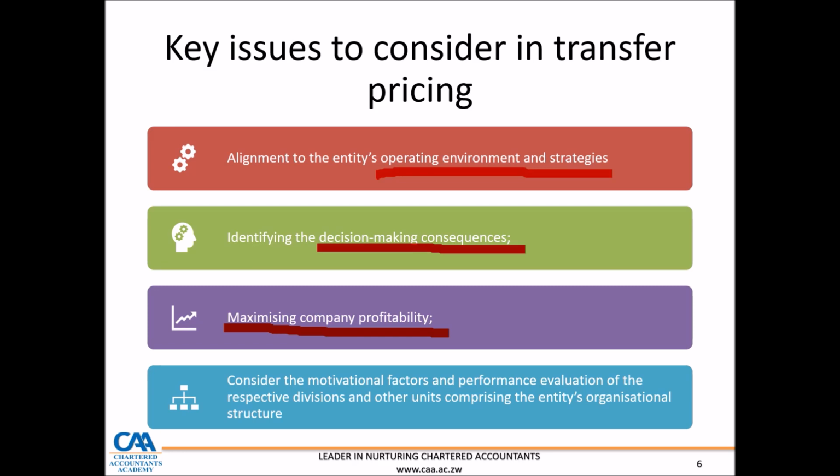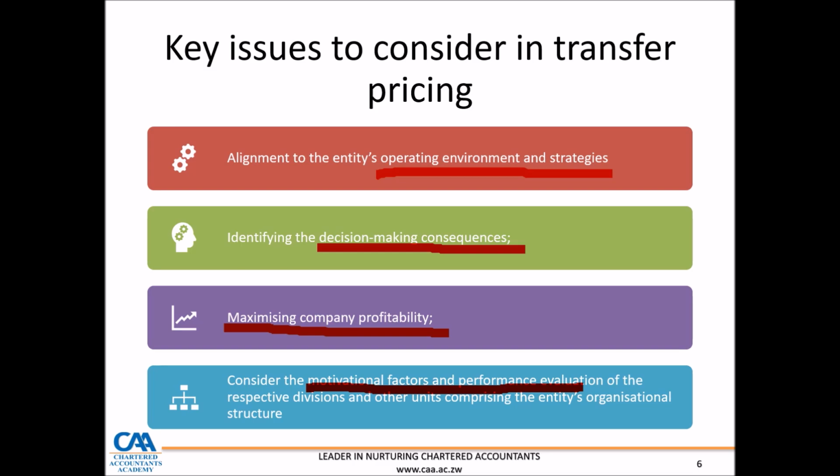profitability. Then in transfer pricing, we need to consider the behavioral aspect of whatever price we pick. These are the motivational factors and performance evaluation factors. Now that we've got this transfer price, and as part of performance measurement or evaluation, what impact is the transfer price going to have?